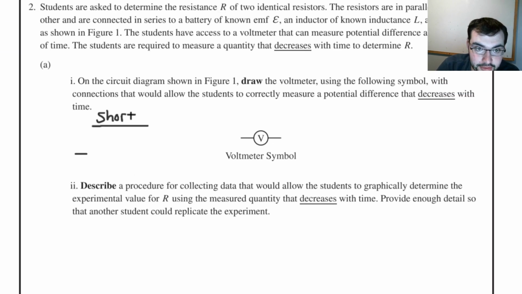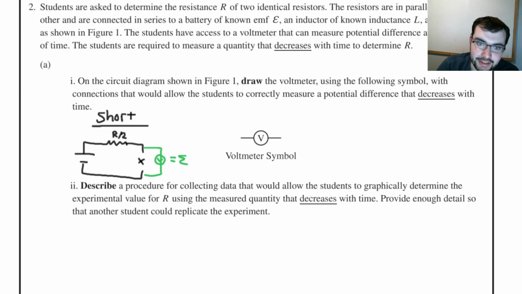At short times, the inductor is going to oppose the changing current from turning on the switch, meaning there is a gap here. And for the loop rule to be true, all the voltages have to add up to the battery voltage, and while there's no voltage drop across the resistor, that must mean all the voltage drop is across the inductor. So it's a gap in the wire.